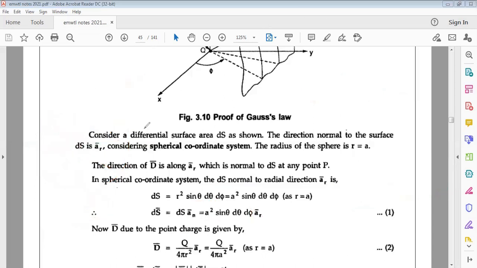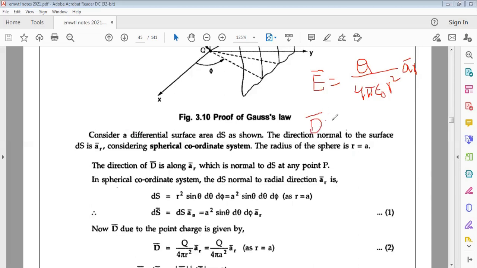Now, according to the point charge electric field intensity, what is the formula here? Q by 4 pi epsilon naught R square into AR bar is the point charge electric field intensity. And D bar, the electric flux density.